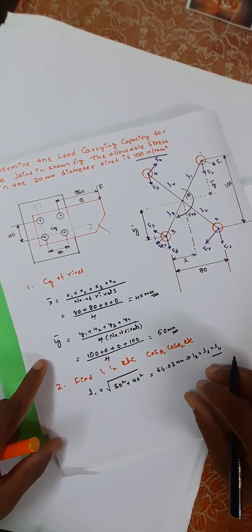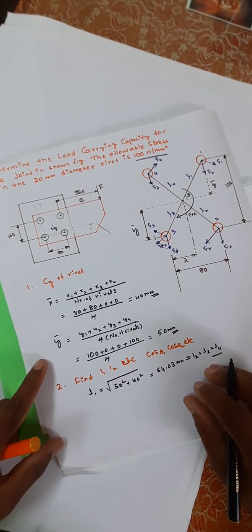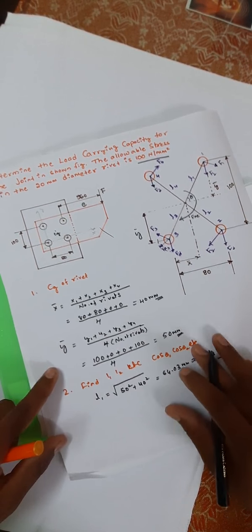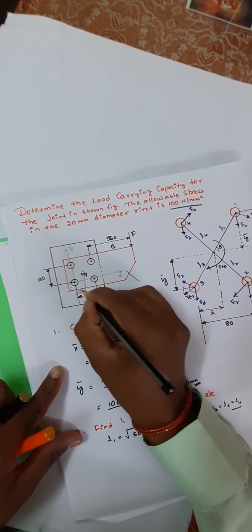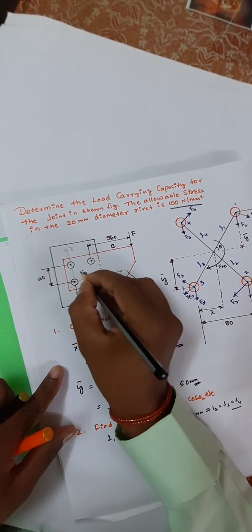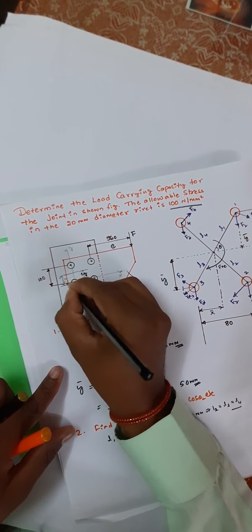Next, what we need to find out? We need to determine the E. Because here this is the CG. With respect to this we will call it x bar, and with respect to this we will call it y bar.